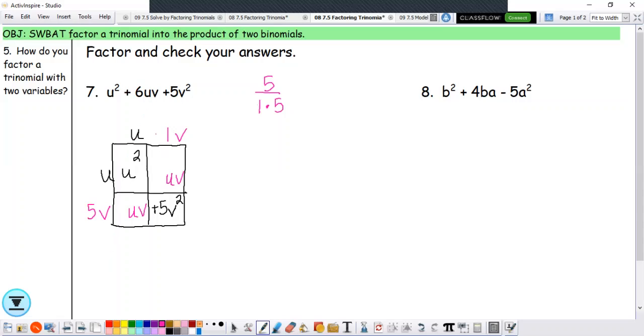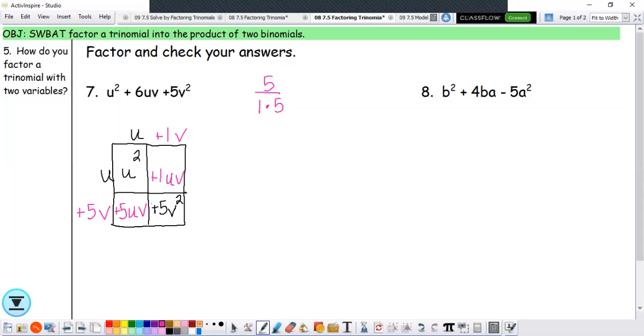And everything is positive, so that must mean my 1v and my 5v both have to be positive. So 1v times u would be a positive 1uv, and 5v times u would be a positive 5uv. And then if I check, 5uv plus 1uv is 6uv, and 1v times 5v is 5v squared.